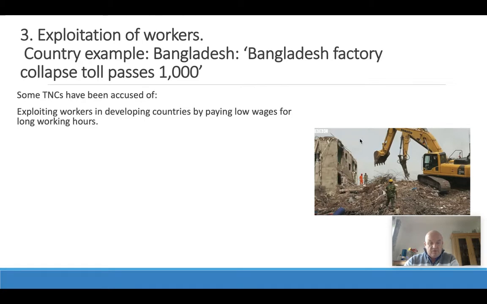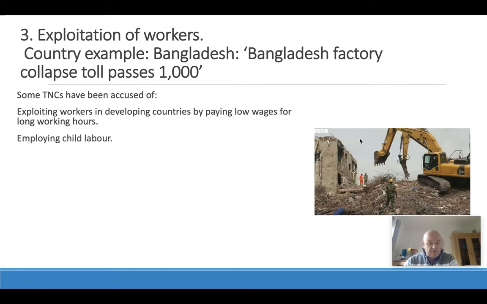Much as we can understand why TNCs may choose to go to countries with low labour costs, there's no excuse for exploitation of workers, because that's just not an acceptable thing.